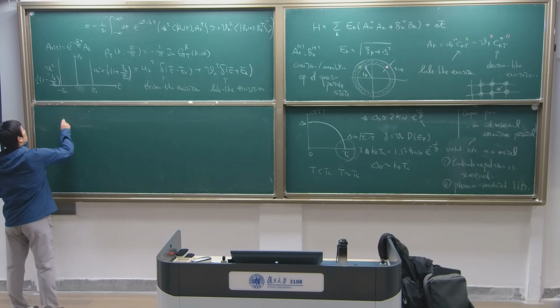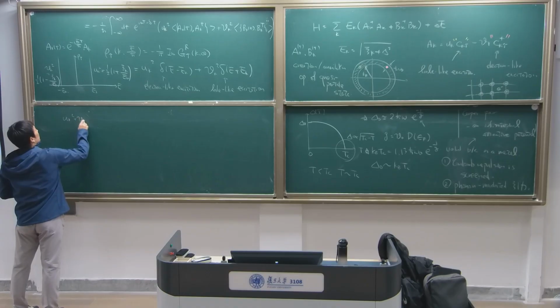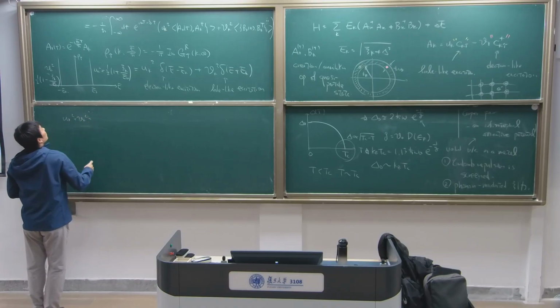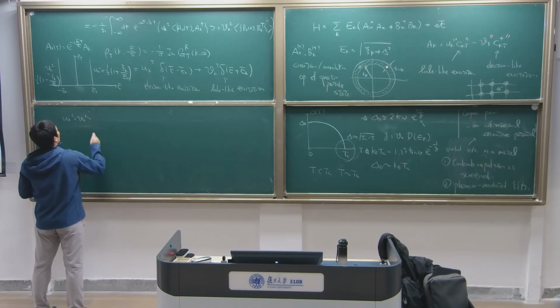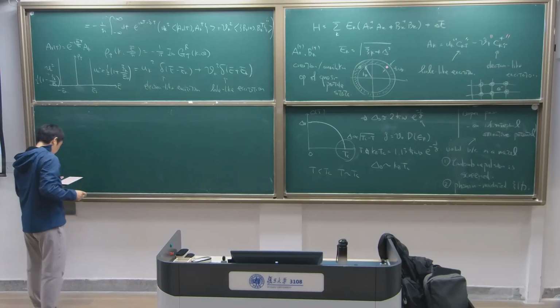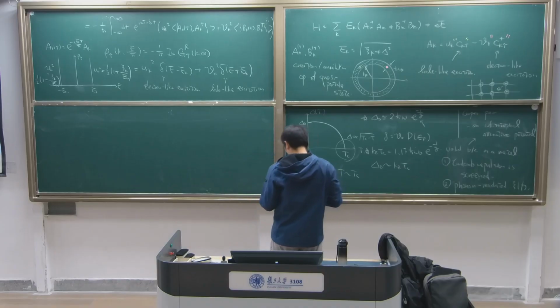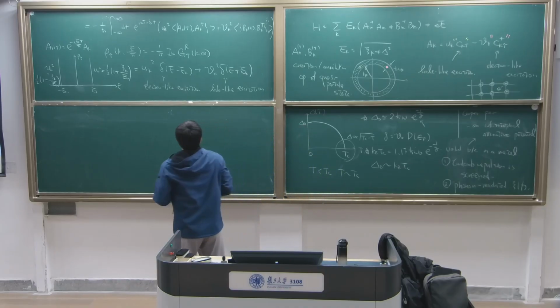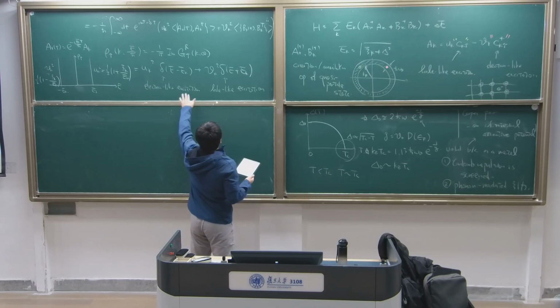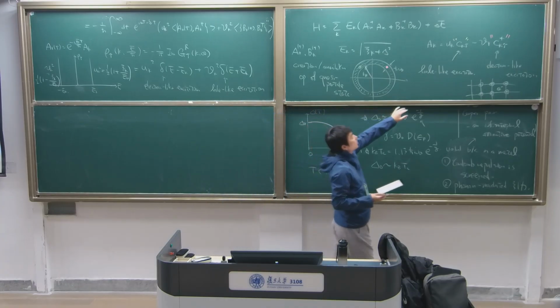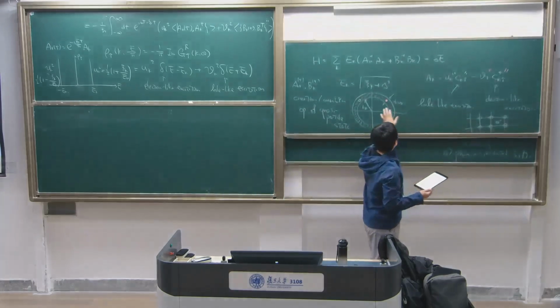Alright, so you can check this one. The U square is equal to, so is equal to what? You can check. Yeah, so this is exactly what you can see from this picture.